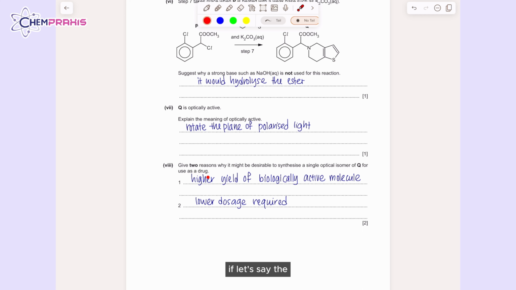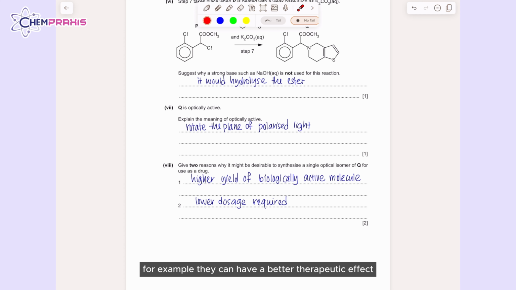Let's say one enantiomer rotates the light clockwise, for example, and it has the therapeutic effect. So if we synthesize only that one, we will have a higher yield of biologically active molecule, and we can use a lower dosage. Of course, you can also write reducing side effects. This is also one of the answers. These are the reasons why it is better to synthesize a single optical isomer.